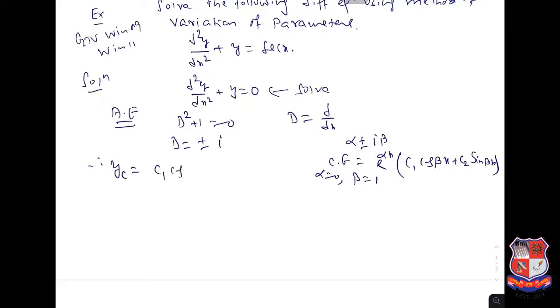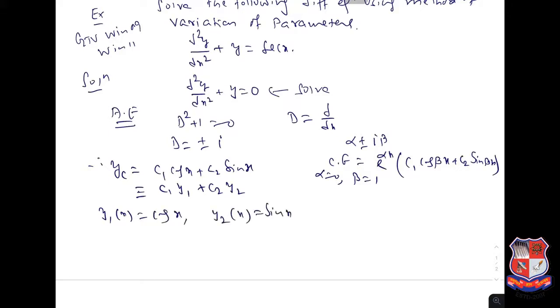So that is c1 cosine x plus c2 sine x. And then if you compare with c1 y1 plus c2 y2, then y1 is cosine x and y2 is sine x.